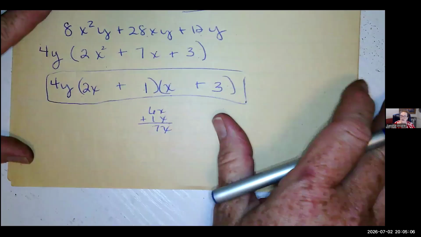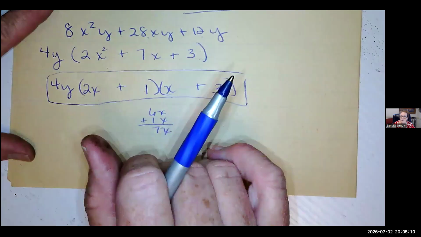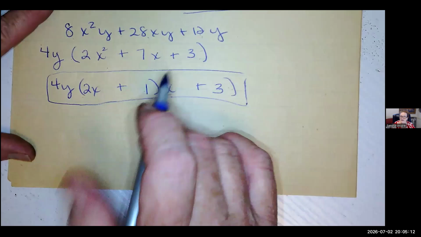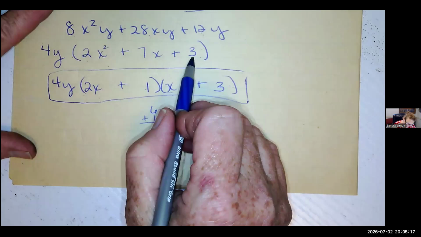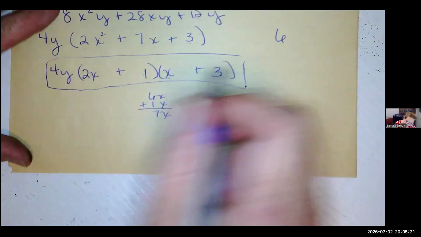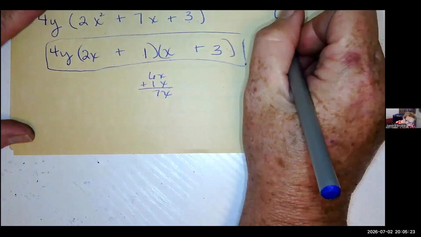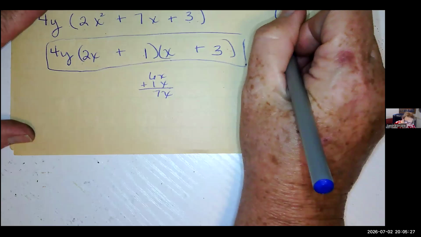All right. The AC method would be where you take the 2 times 3, and that is 6. And what you would have to do is, what are the factors of 6? That is just either 6 and 1, or 2 and 3.